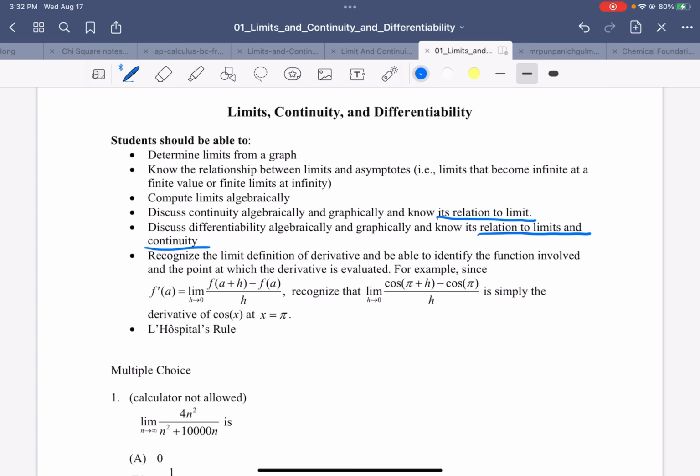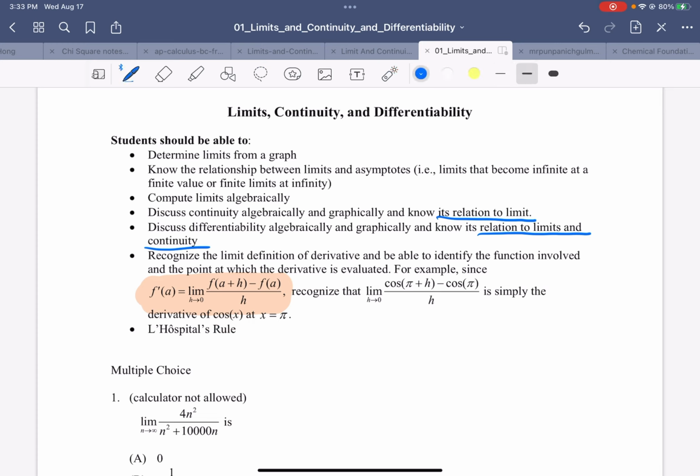Okay. And then recognize the limit definition of derivative, which is this. This is the limit definition of derivative. We're going to talk about it here. So for example, let's say they gave you this. Then you have to recognize, okay, that's the definition of derivative, and your f of x is cosine x at x equals pi.